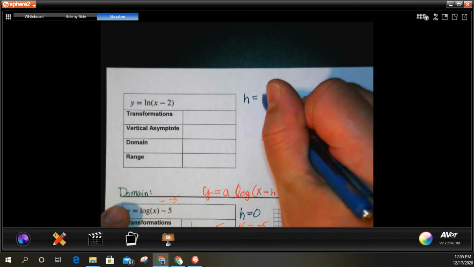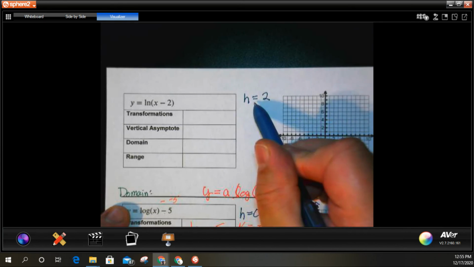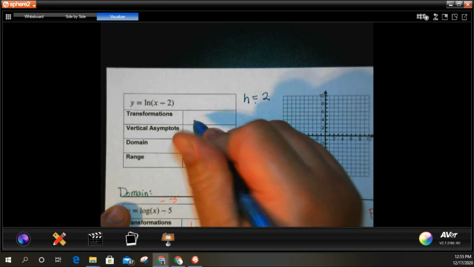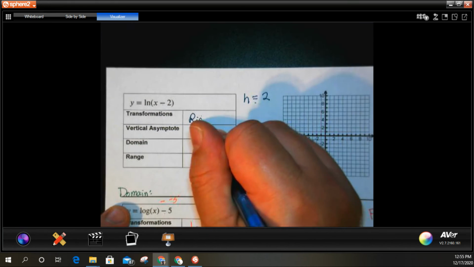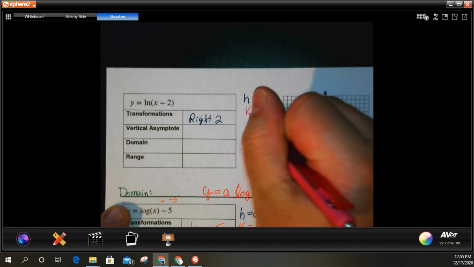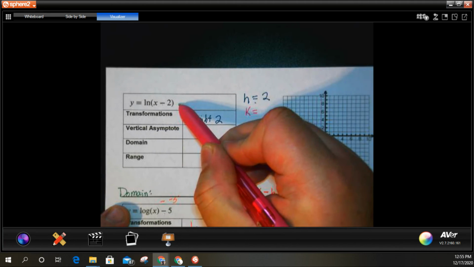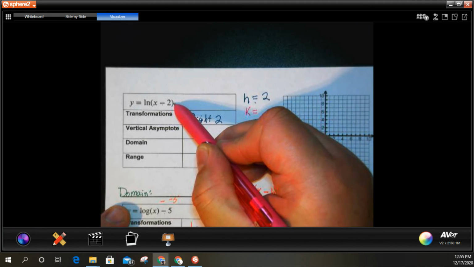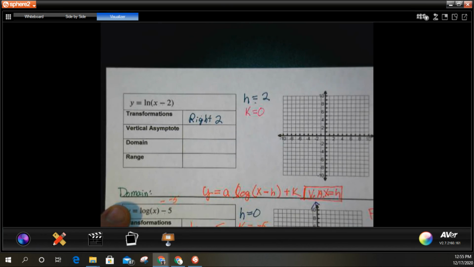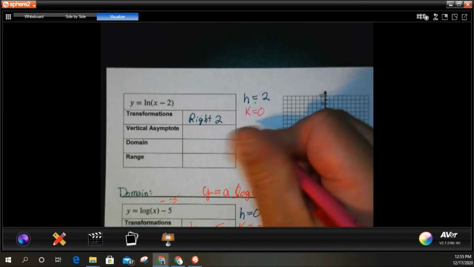My k, what am I adding to the outside of the mathematical symbols, in this case parentheses? 0. So my vertical asymptote is going to be x equals h. And my h is 2, so I have x equals 2.